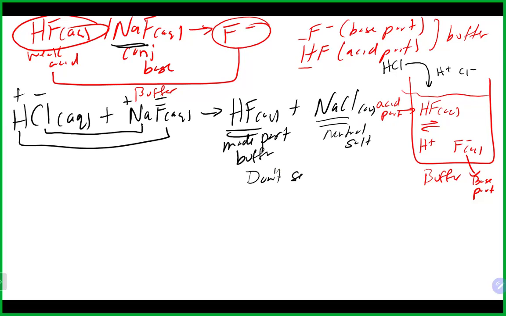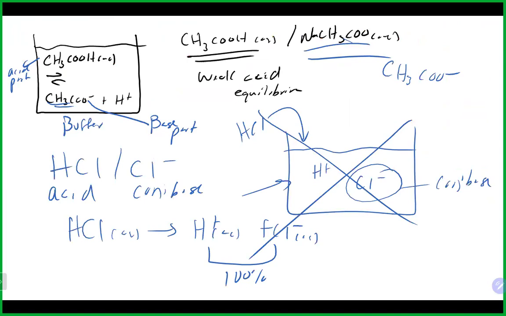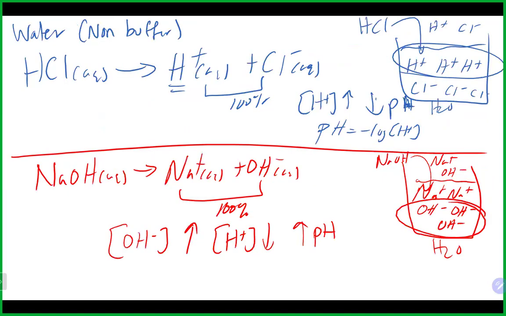that we did see when we added this acid to water. And if we take a look at that, when we added the acid to water, what we generated was a bunch of free H plus by itself, not attached to anything, just freely floating around in that solution. And it's that H plus that caused a really big jump in the pH.